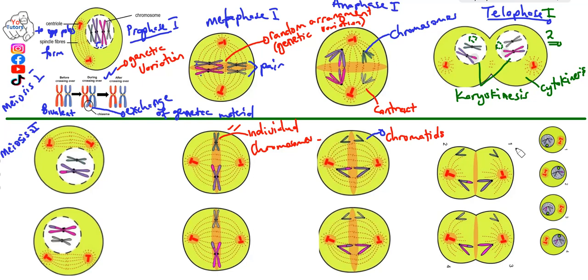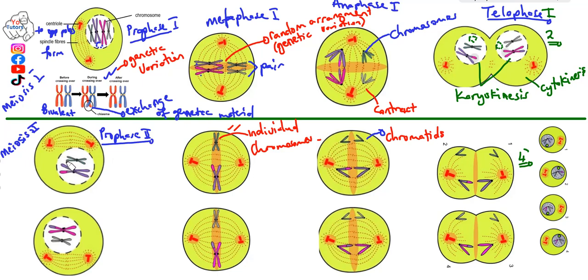When it comes to telophase 2, we are looking at 4 daughter cells being formed. But anyway, let's now look at prophase 2. Meiosis 2 starts with prophase 2, and some things remain the same.